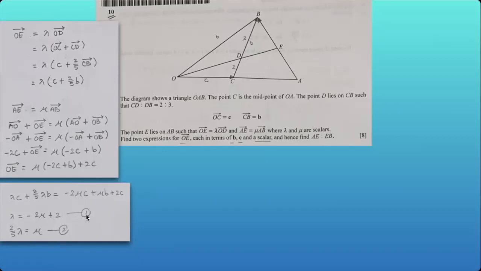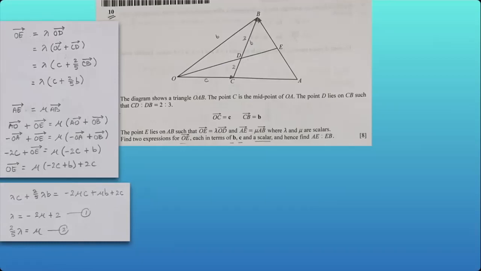Now let's look at vector b. From the left-hand side, we have 2 over 5 lambda, and from the right-hand side, we have mu. Let's call this equation 2. Remember, we want to find lambda and mu.